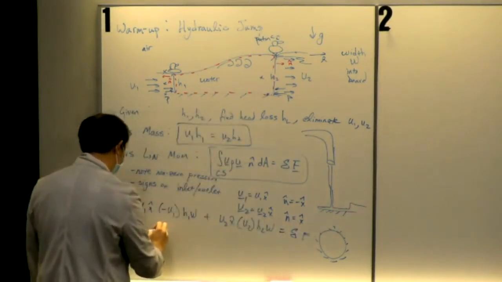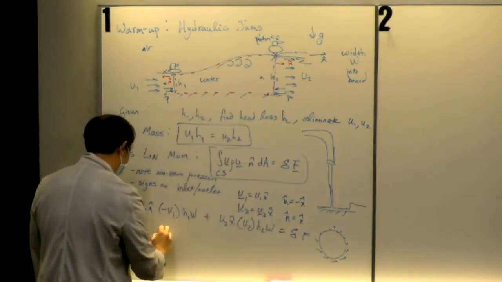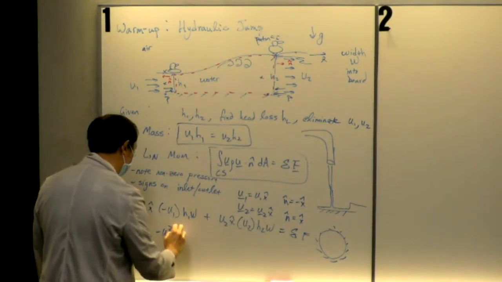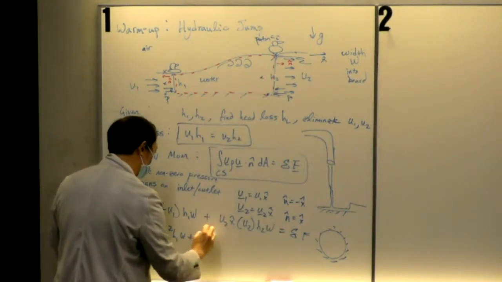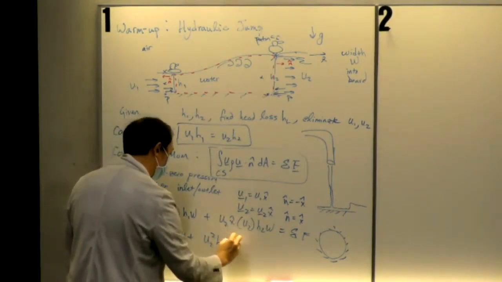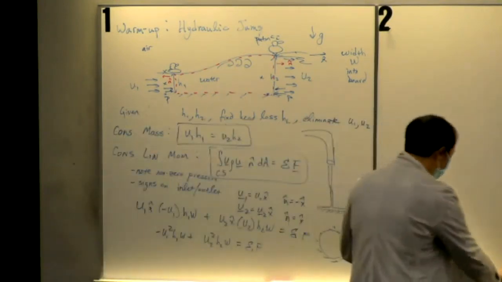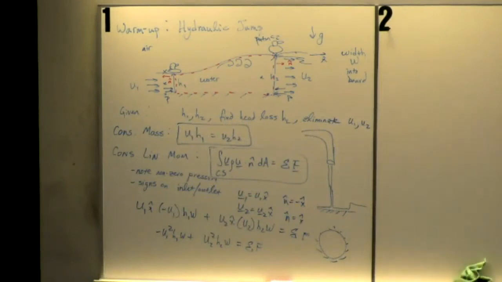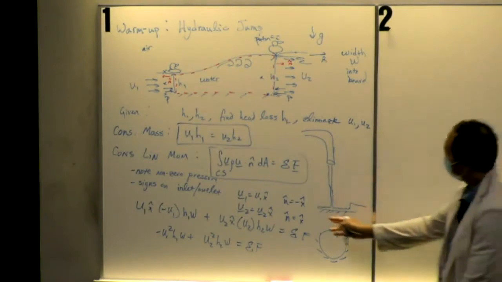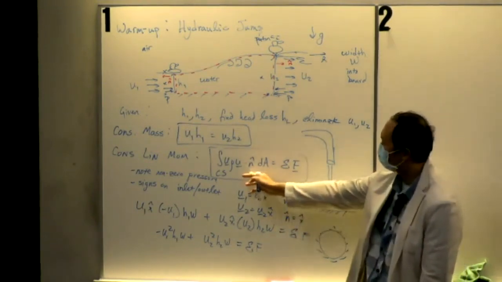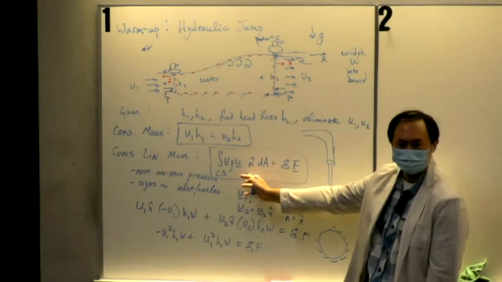So let's just do negative U1 squared H1W plus U2 squared H2W equal to the sum of the forces. You should have that. That's pretty much a review of quiz 4. Any questions on where these signs come from and how to calculate this integral?